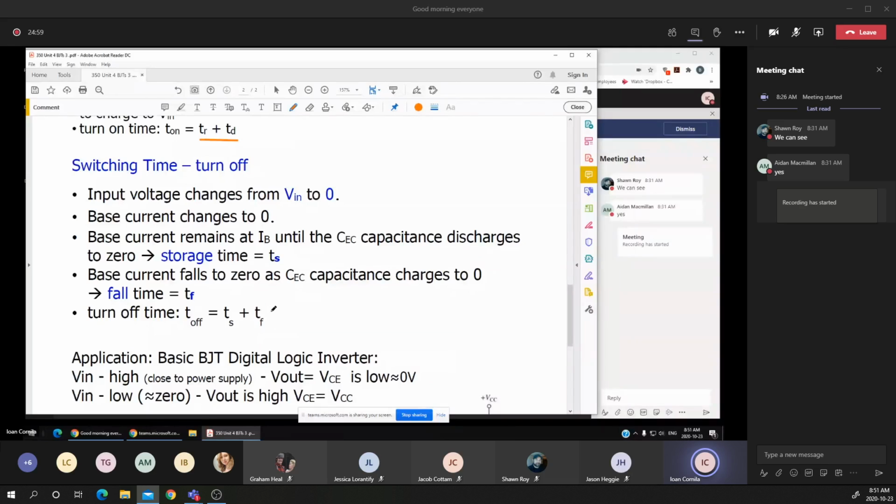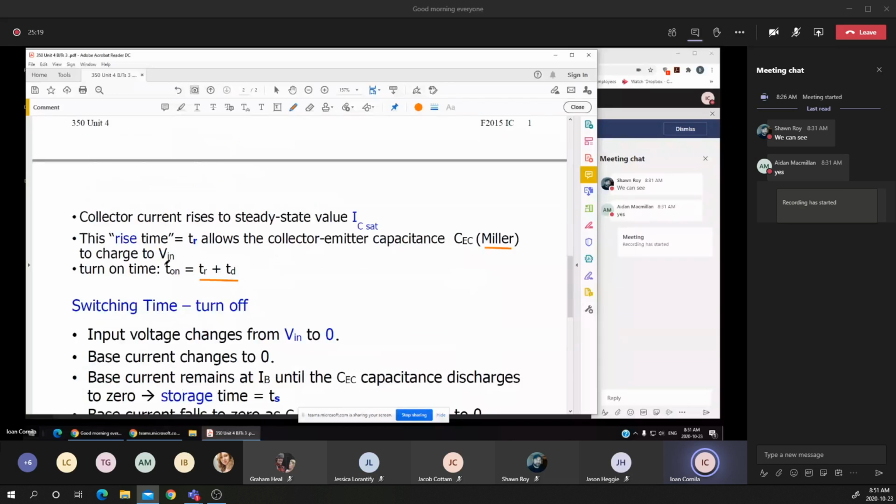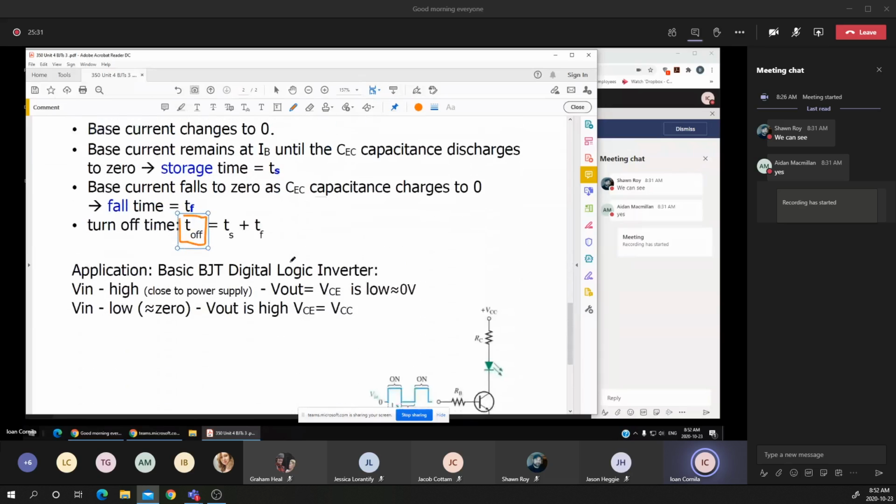Now, we are not using those rising time and falling time, or T on and T off, too much in analog logic in this course. But we'll discuss some other limitations that are based on these two times, the turn on or the turn off time.